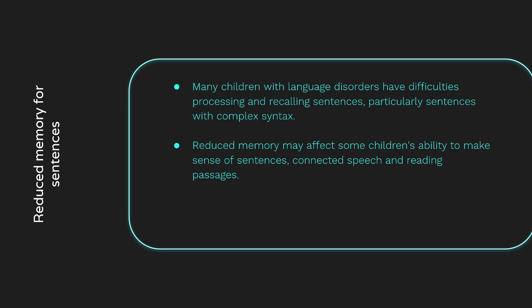Most children with language disorders have great difficulty with these tasks, and obviously if you've got a reduced memory for sentences, that's going to make it more difficult for you to understand ambiguous language in context, particularly in connected speech and reading passages. So there's lots of different reasons why this is tough for children with language disorders and tough for them to resolve ambiguities that you or I might not think are particularly difficult to resolve.